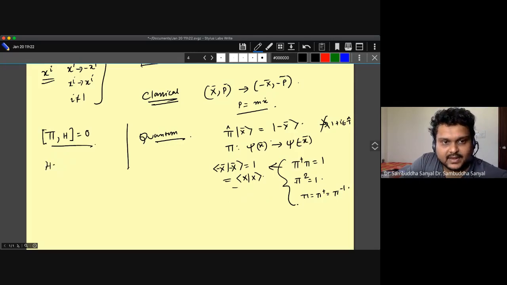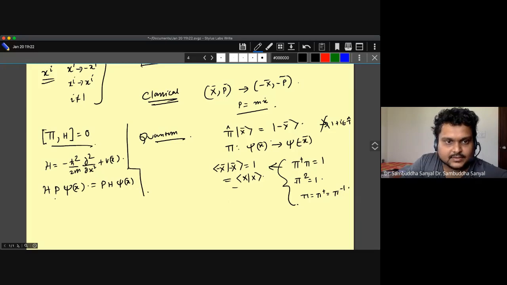For example, if I take a Hamiltonian which is minus h bar square by 2m del 2 del x2 plus V of x, I can check it very easily. So I can apply H and then pi on psi x, and then pi and H on psi x. Just do these two lines of algebra. I can also guide you how to do that in case someone is confused.